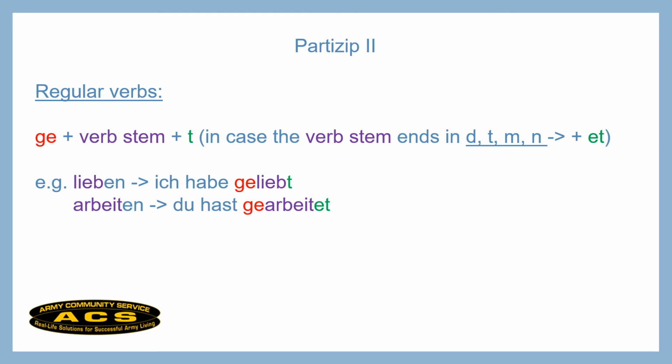So here my verb stem ends in a t, and because I have a collision here, I have to add a vowel in between, and that's the vowel e. So I wouldn't say du hast gearbeit, I would say du hast gearbeitet. So I'm adding et. Du hast gearbeitet, you have worked.